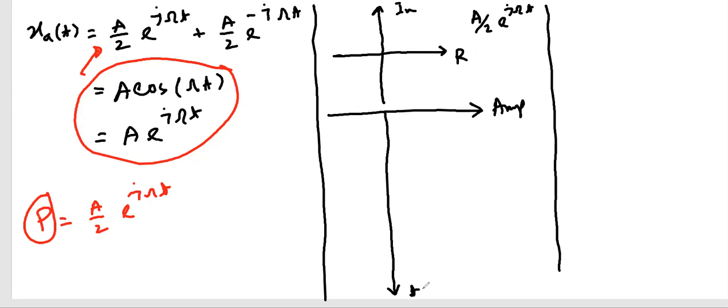Similar to the previous one, you can understand very easily what the amplitude is. Now the amplitude is a by 2, half of that. For a by 2 at t equals 0, you are getting this amplitude. At the location after 90 degrees, a by 2.